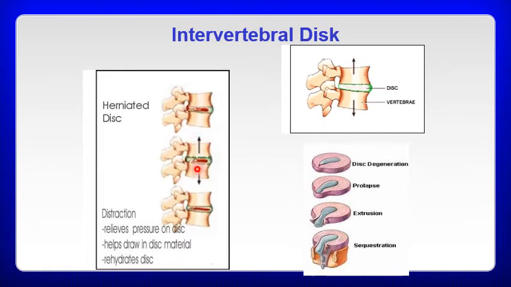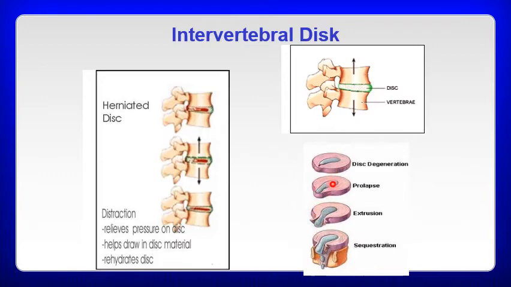The idea when you do traction, if you're dealing with a disc injury, is that you allow the disc material to retract back to the center, and then hopefully over time you get healing of that annulus fibrosus. The disc moves as the spine moves. When the spine flexes, the disc has a tendency to migrate posteriorly. When it extends, it migrates anteriorly.